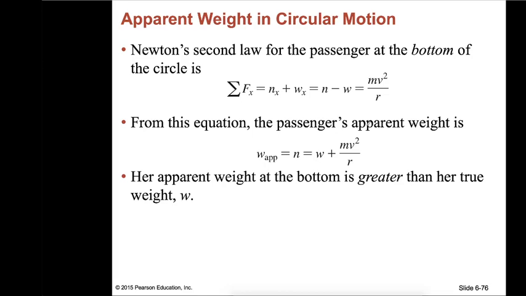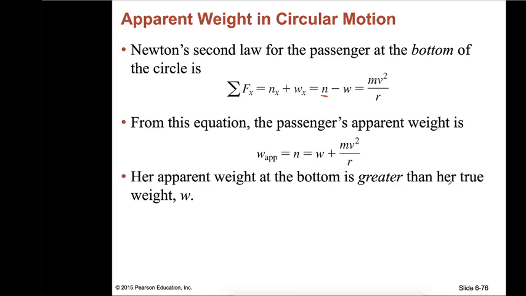From this equation, the passenger's apparent weight is the normal force, and the normal force equals W plus mv squared over r. And her apparent weight is greater than her true weight.